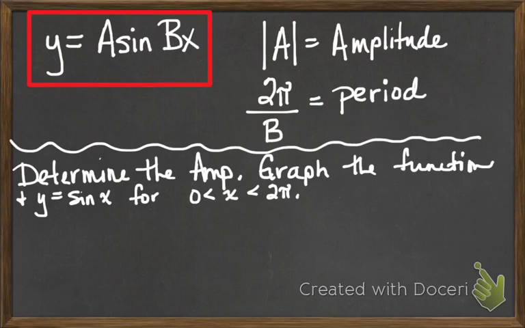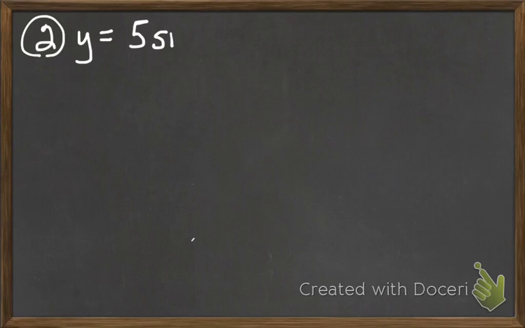So number 2, anybody still writing? Got it? Alright, so number 2 gives you this equation. Y is equal to 5 sine of x.